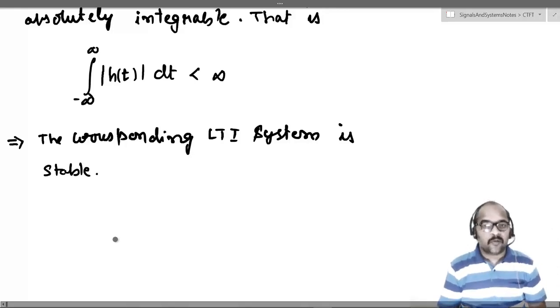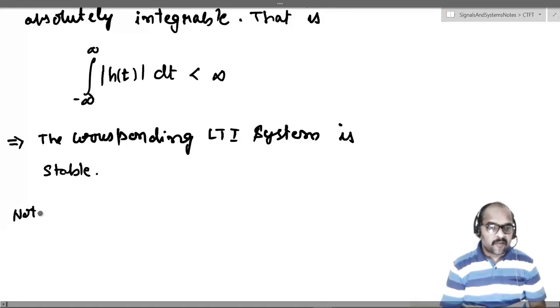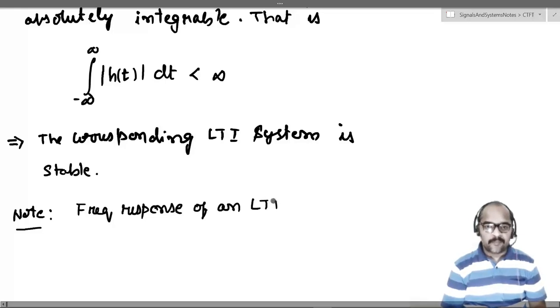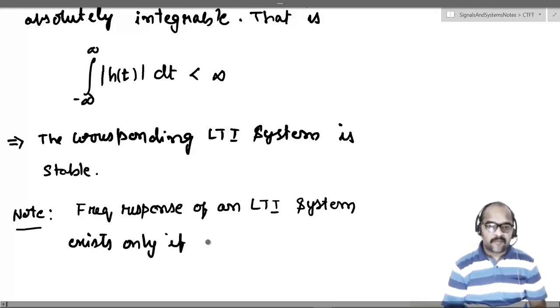So we are talking only about what system? Once you say frequency response of the system, we are talking only about a stable LTI system. Whatever we have seen till now, note what it says: the frequency response of an LTI system exists only if the system is stable.